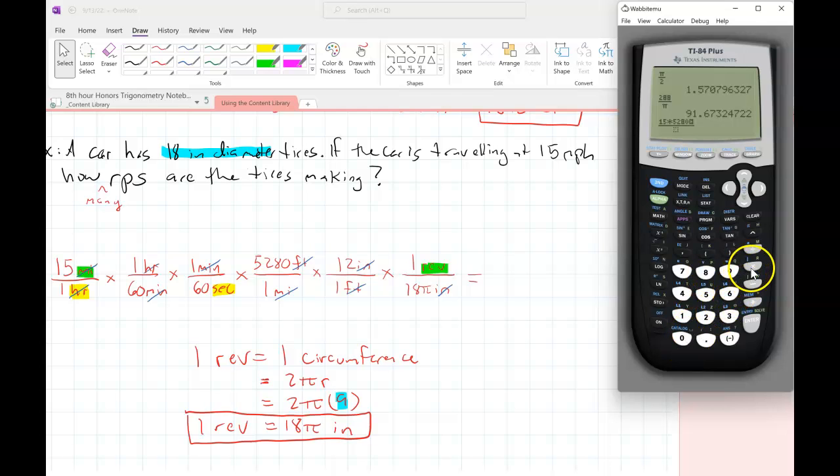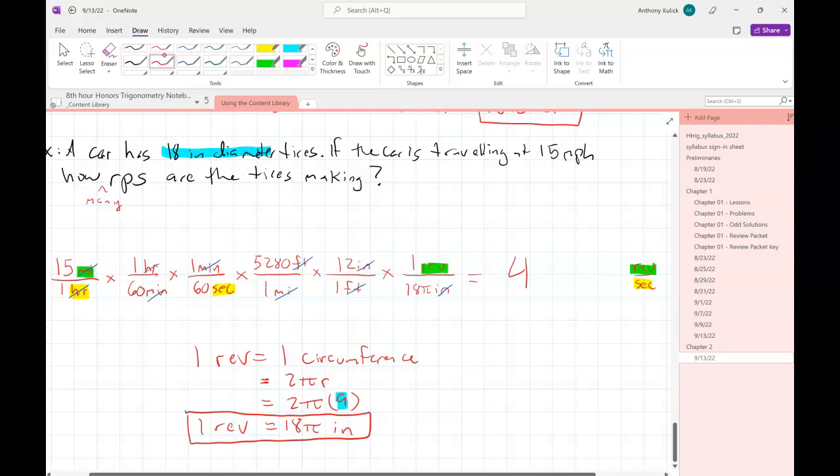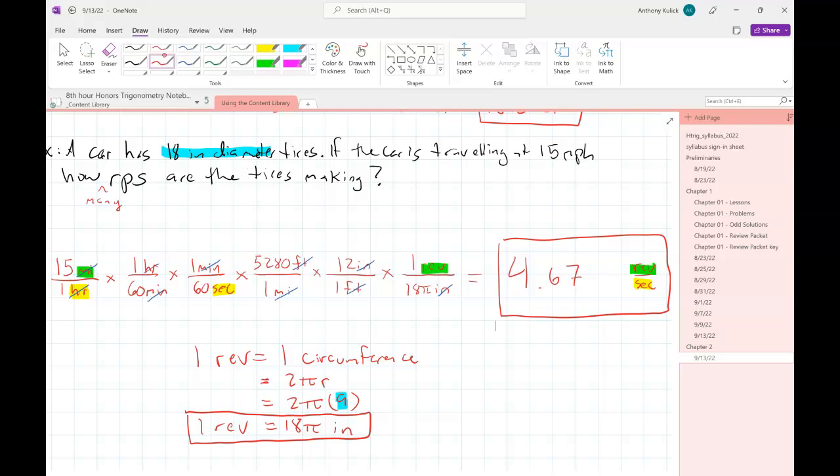So 15 times 5,280 times 12 divided by 60 times 60 times 18 pi. And I get about 4.67. What do you guys think?